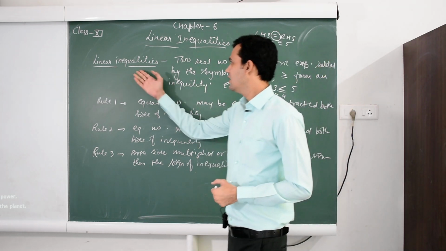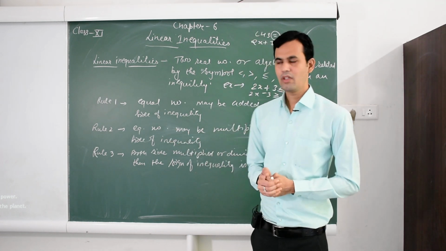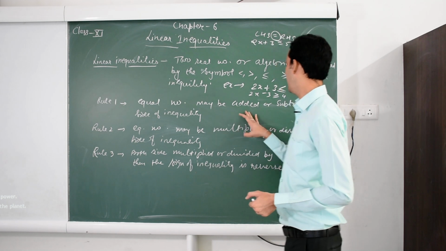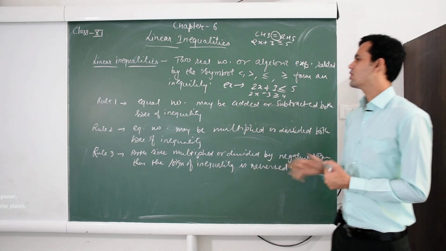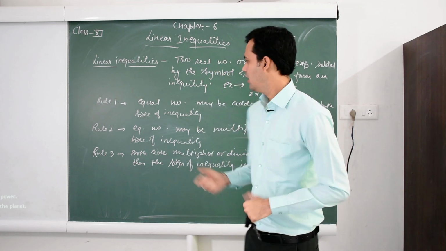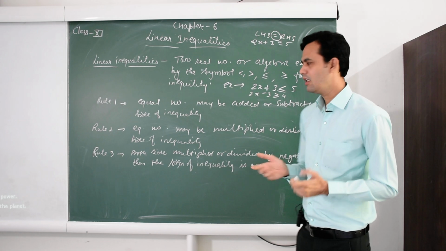For linear inequalities we have three rules. First rule: equal numbers may be added or subtracted on both sides of an inequality.